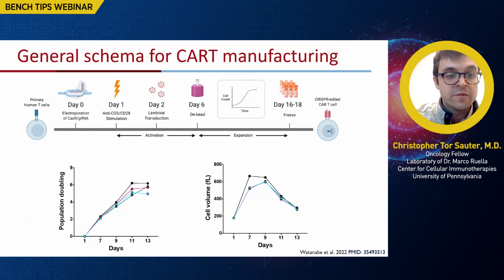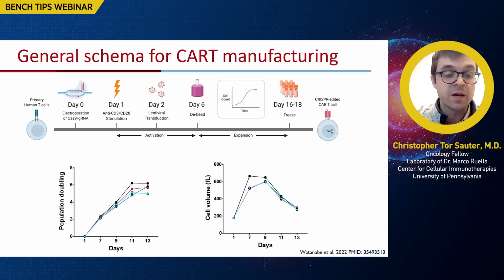As Ismail described, they're stimulated using CD3, CD28 beads, although there are other methods as well, and then transduced for the CAR using a lentiviral transduction system. And then expanded, the beads are typically removed at day 5 or 6, and then our expansion protocols can go all the way up to day 16 or 18 before the CAR T cells are frozen down.